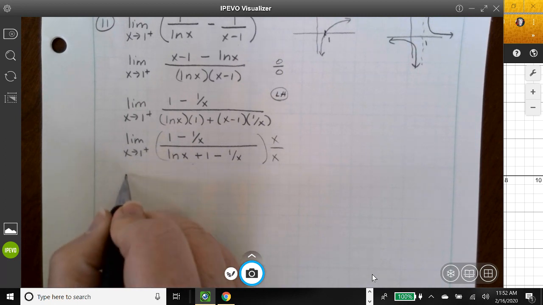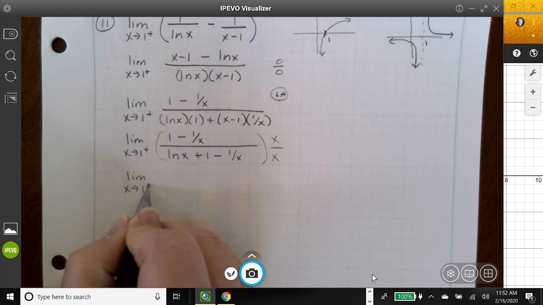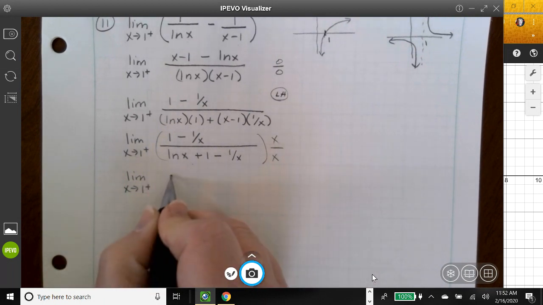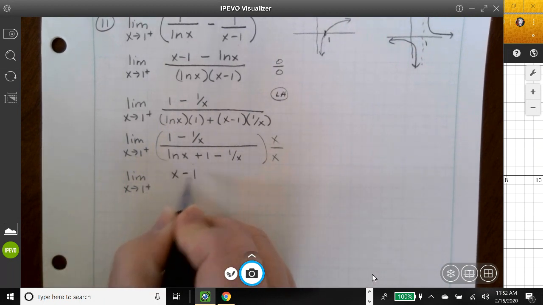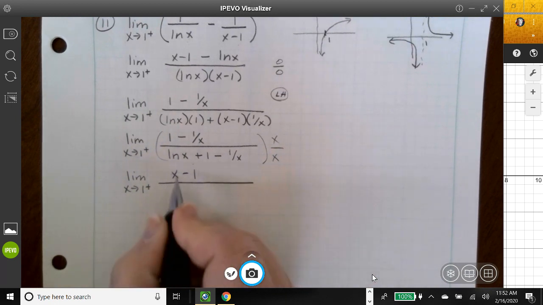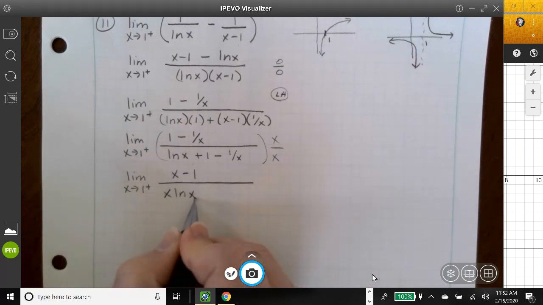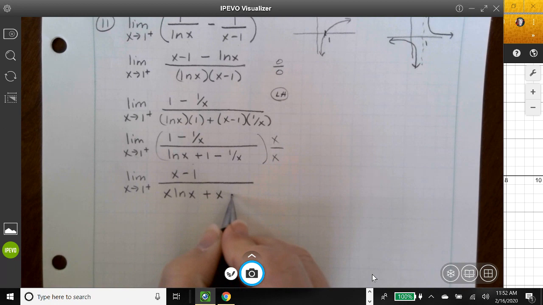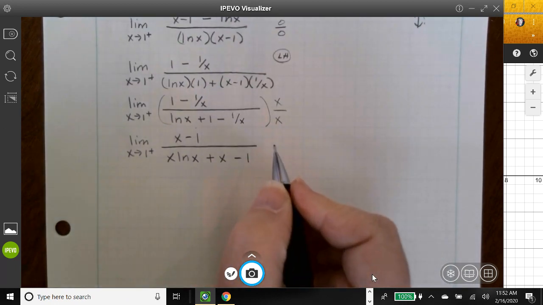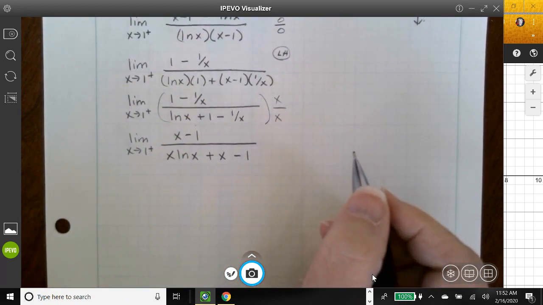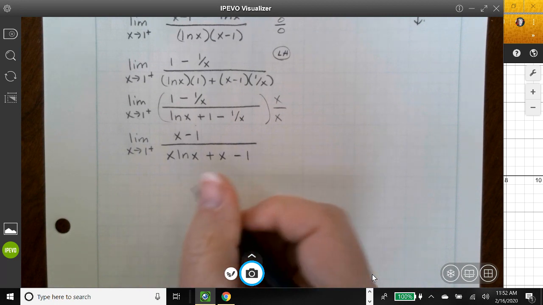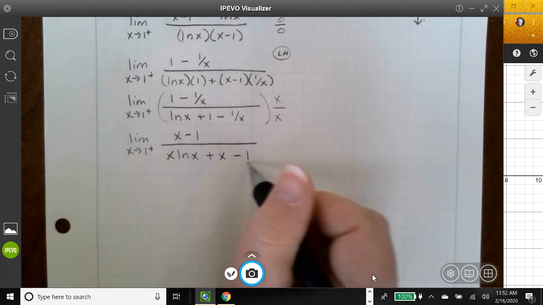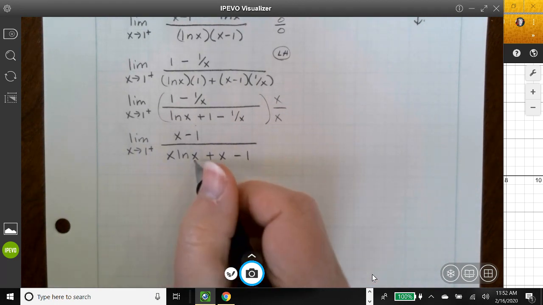So I'm not multiplying by 0 over 0. So here we go. The limit as x approaches 1 from the plus side of, what happens to the numerator? I get x minus 1 over x natural log of x plus x minus 1 in the denominator when I distributed it all out. But sadly, that still gives me this 1 minus 1 here is 0, and the natural log of 1 is 0.